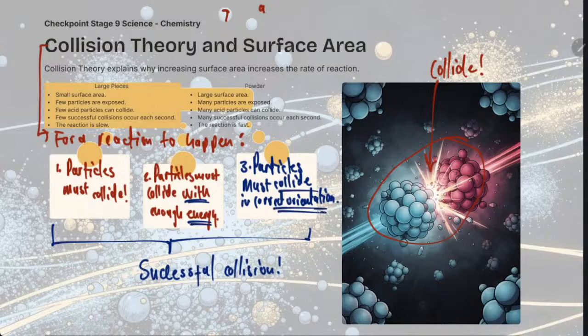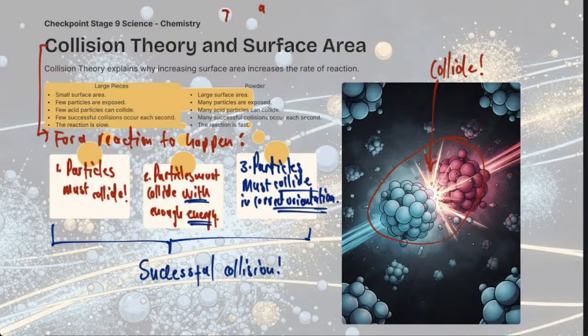So they must collide. So what is an unsuccessful collision? It is one where particles collide, right? But either they don't have enough energy or they may have enough energy but they're in the wrong orientation. Are we together?